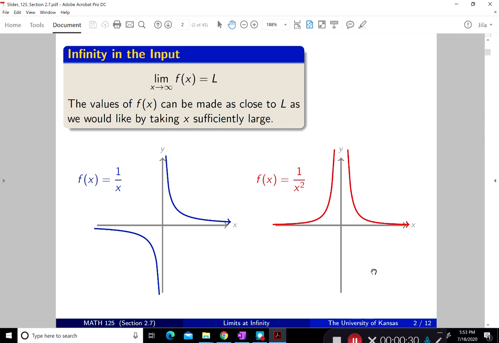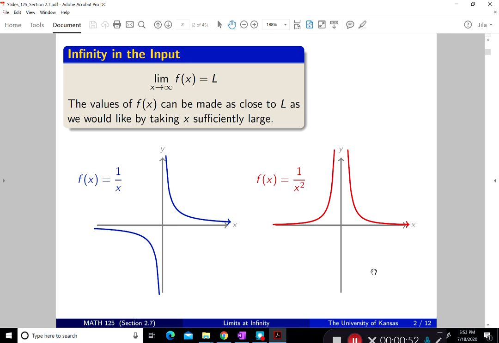This is when we have limits as x approaches infinity. So the limit as x approaches infinity of f of x is equal to L, and the value of f of x can be made as close to L as we would like by taking x sufficiently large.